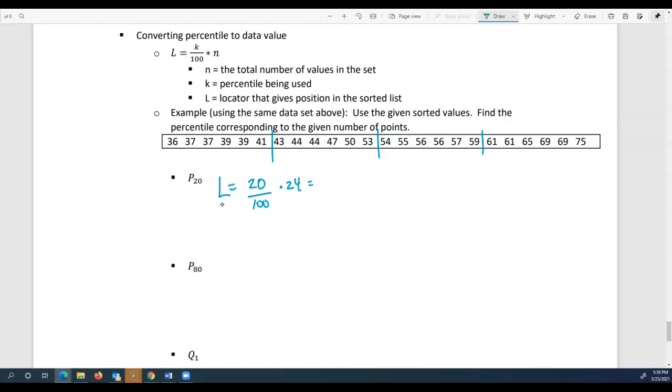So 20 divided by 100 times 24, I got 4.8, which is going to correspond to the 5th value. So the 5th value is this number. So the value 39 corresponds to the 20th percentile.